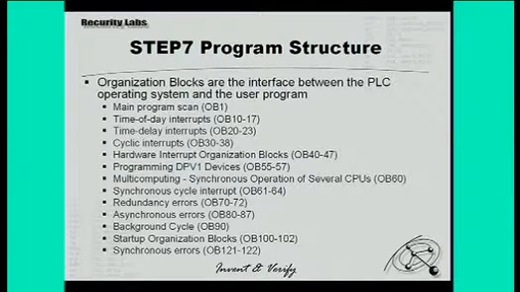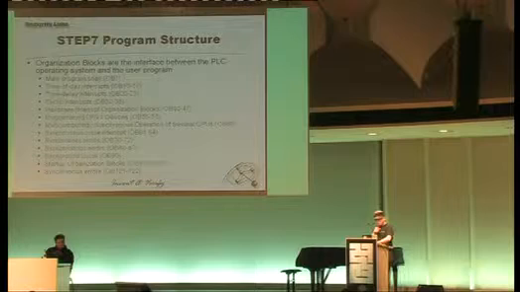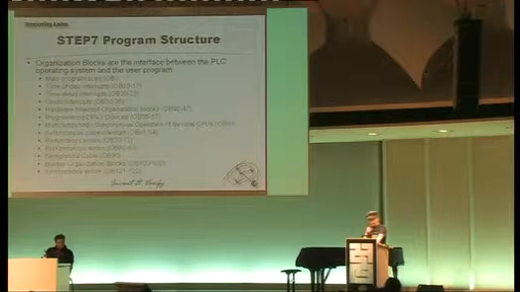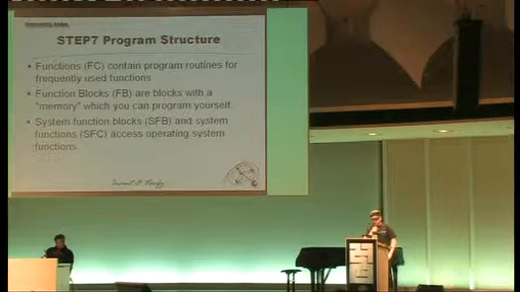There's events that are real-time triggered, and then the respective code blocks are called like cyclic interrupts, or even error handling, even exceptions, or time-based calls. So OB35, for example, is a time-based organizational block that is called occasionally.